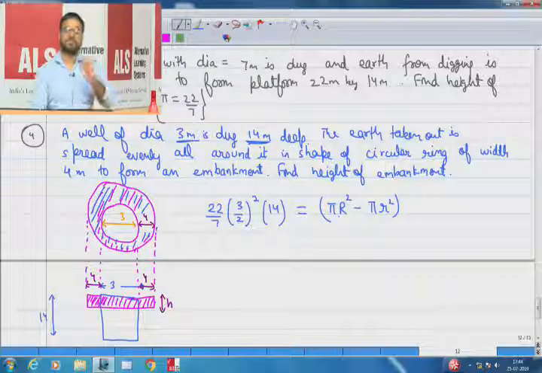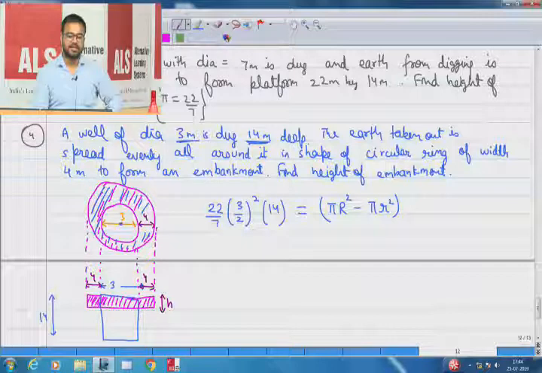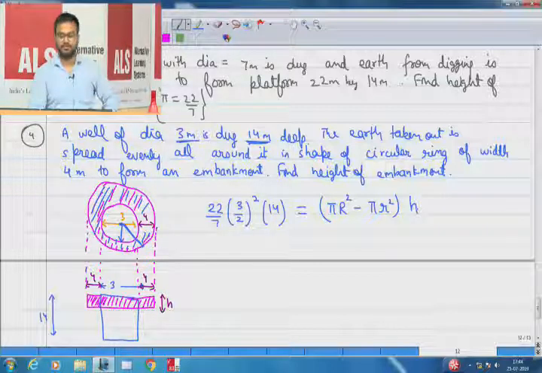This capital R is the radius from the center to here, like this, and small r is this radius, and multiply by the height, that will give you the volume for this one. So you can take pi as common.